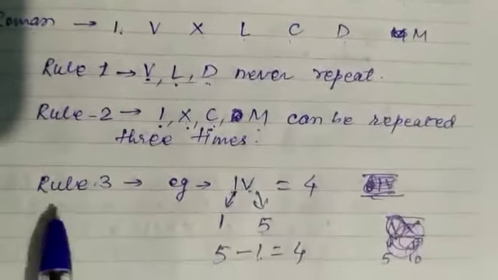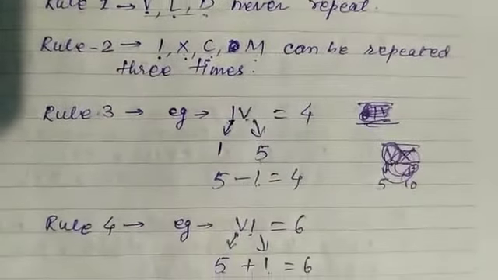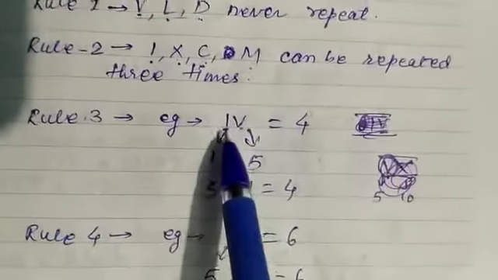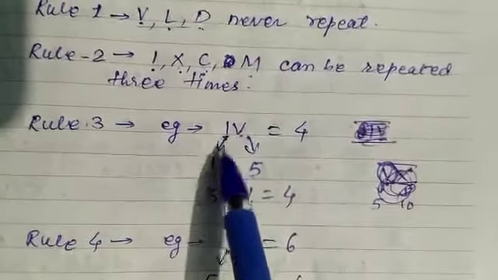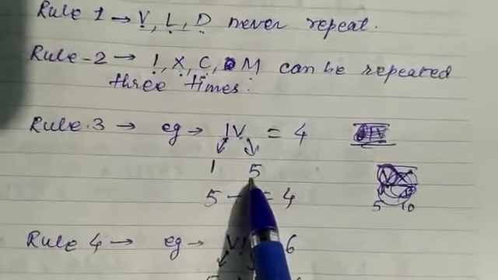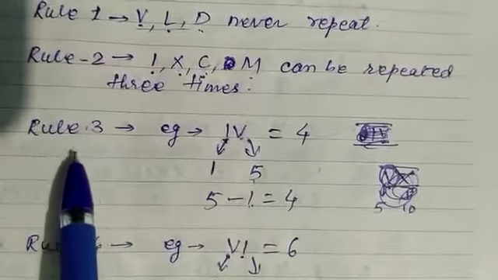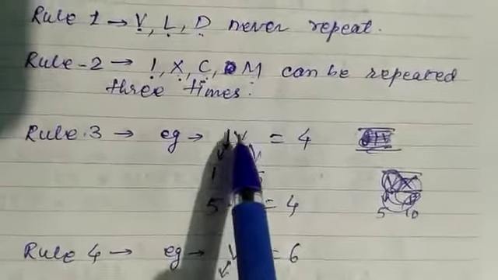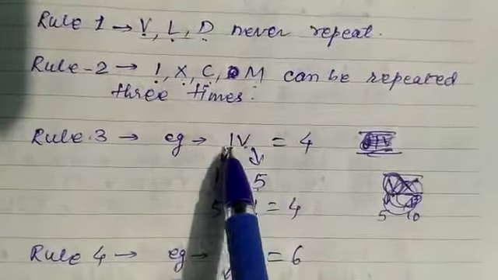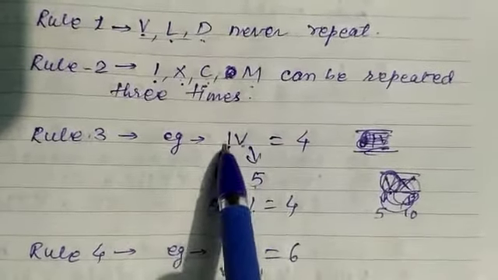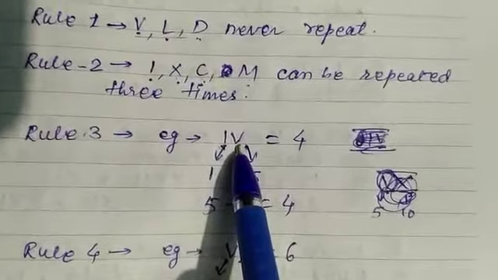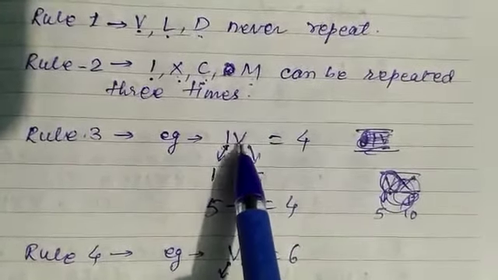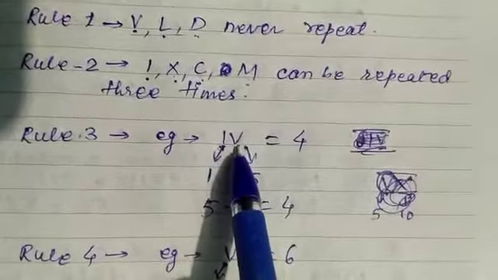The rule number 3 is this. As you know, this is I, that means 1, and this is V, that is 5. If a smaller number is on the left side of a greater number, then the number will be subtraction.